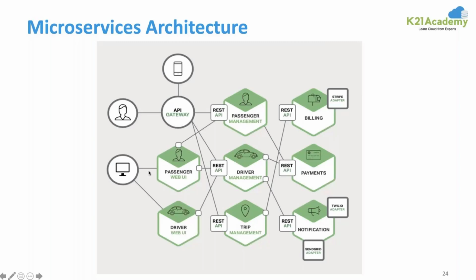When you scan as a passenger and there is driver management happening, trip management happening for me, then just a call from the passenger's web UI goes and it shows up this page. And we don't realize this is a separate service serving us, right? Because we think this is a complete application altogether. So here, trip management, driver management, payment, billing, name anything which is a logical block, that is like a microservice for us.